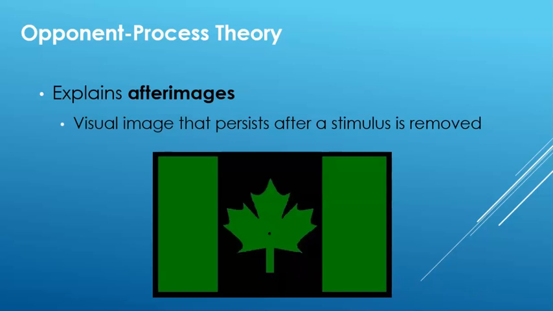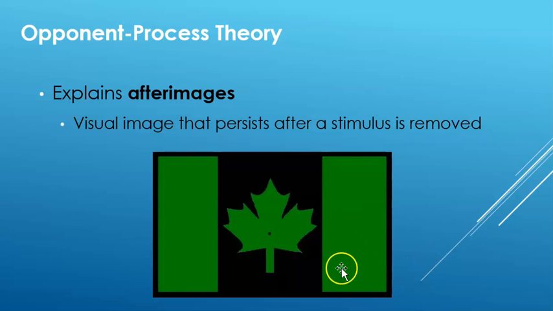So a great experiment you can do here is get a blank piece of white paper and set it next to your computer. And I want you to stare right here at the dot in the middle of this image for a good 10-15 seconds, unblinking, and then really quickly look at your white piece of paper. Now, if you get an after image, then what you'd see when looking at your white piece of paper is the correct image of the Canadian flag.